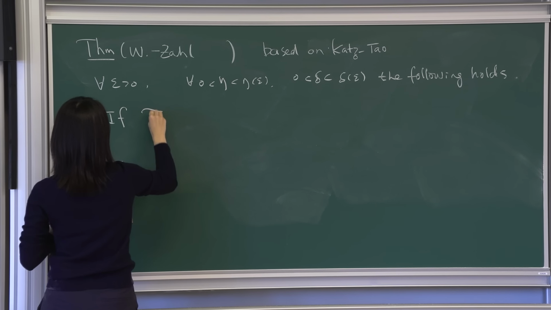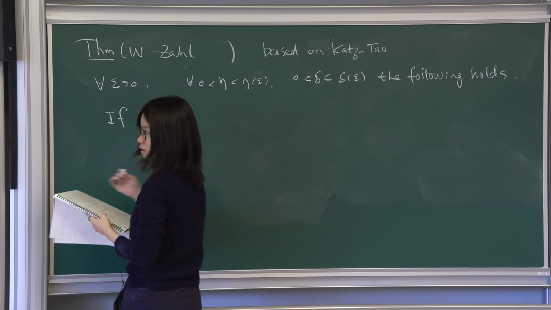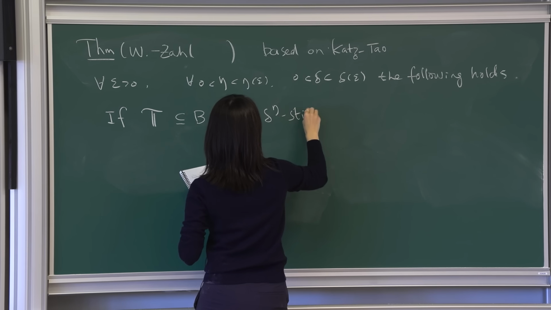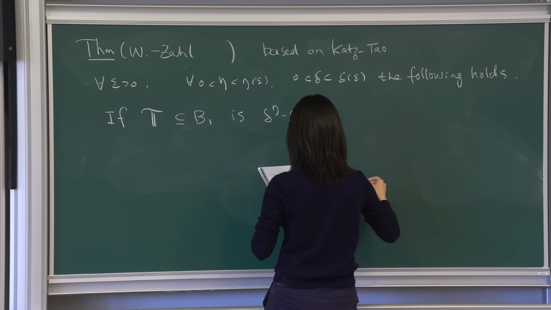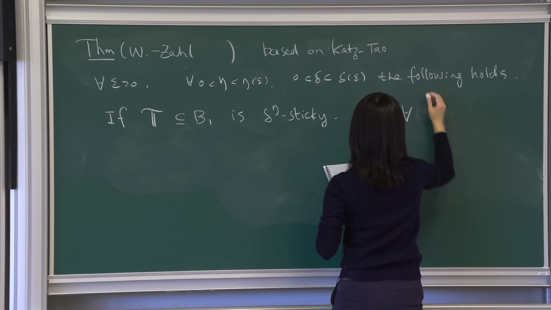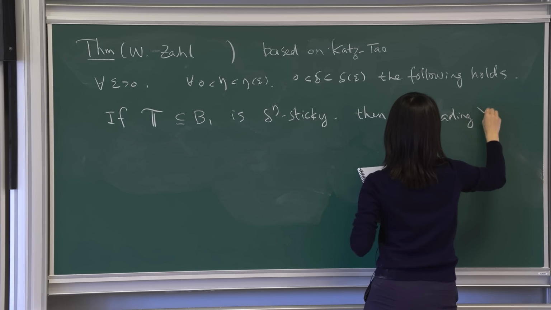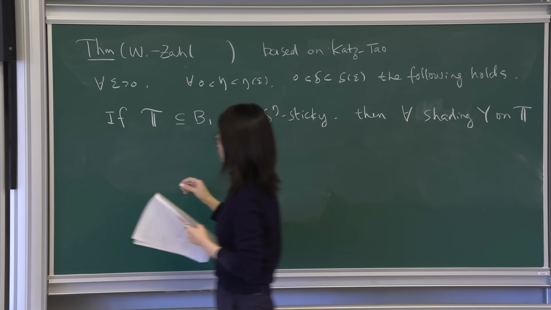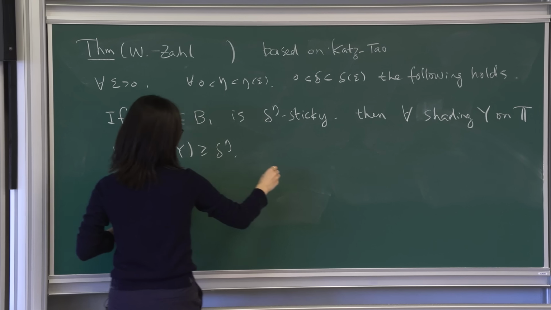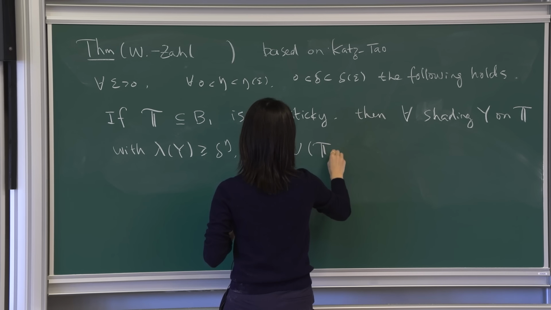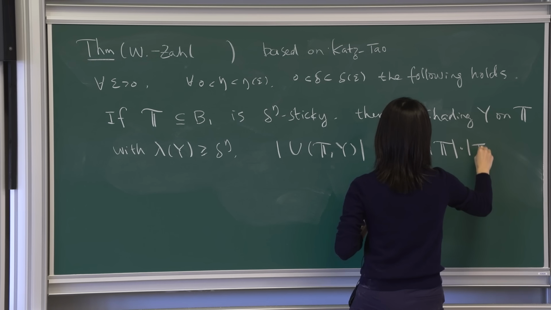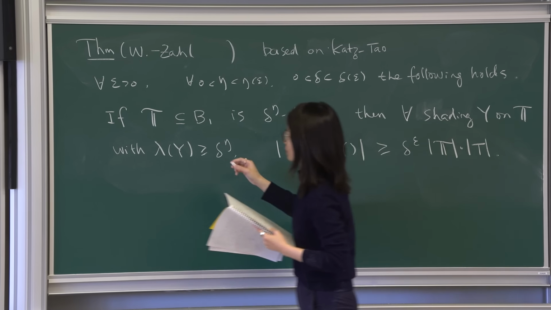If T is a set of delta tubes contained in a unit ball that is delta to the eta sticky, then for any shading Y on T with density greater than delta to the eta, the union of tubes has volume greater than delta to the epsilon. So this is our sticky Kakeya theorem.